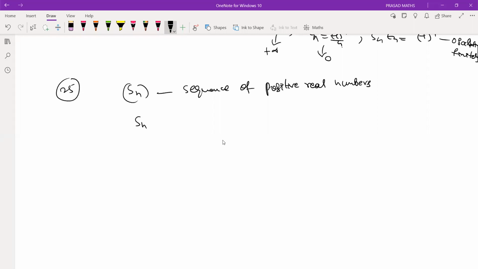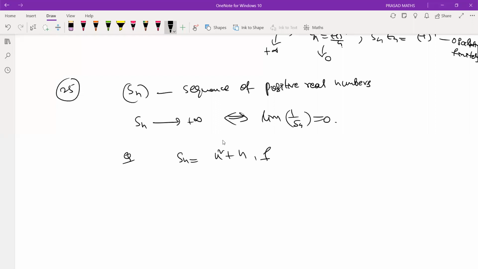In order to show that Sn diverges to plus infinity, it's enough to show that the limit of the reciprocal is 0. Suppose, for example, you take Sn equal to n square plus n.